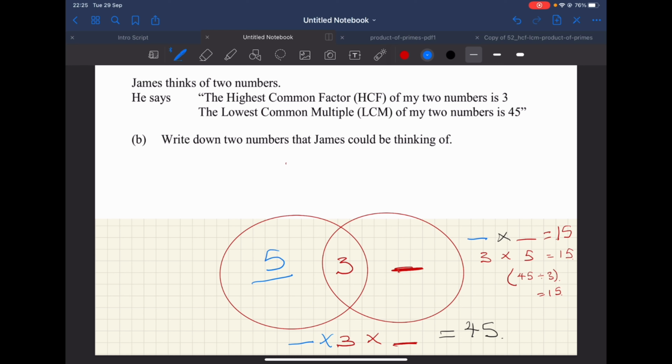So we can write the 5 here and the 3 here. This is one possibility, that it's this way.